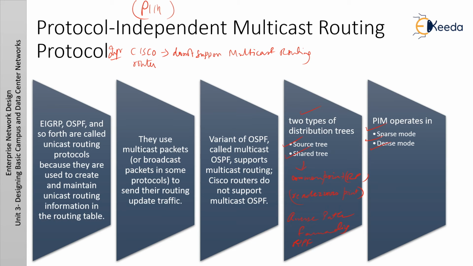They forward the join message to the device with the better metric. So this is how sparse mode works, and it uses the pull model. You must remember that the pull model is used by sparse mode.